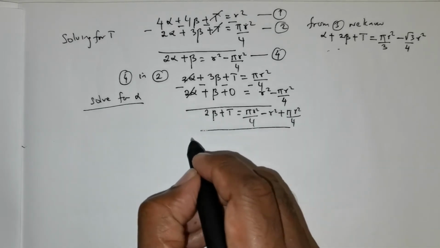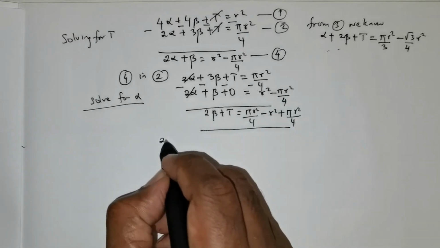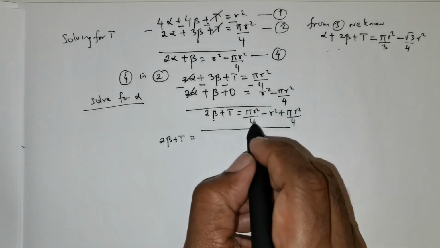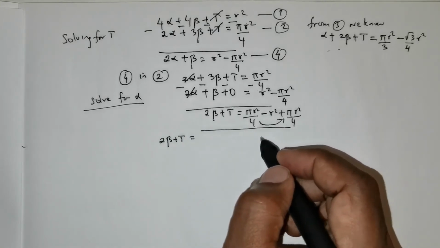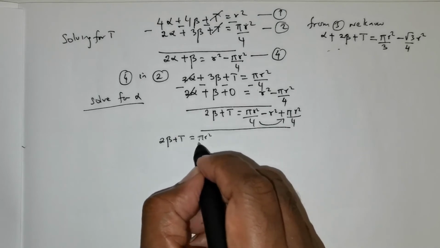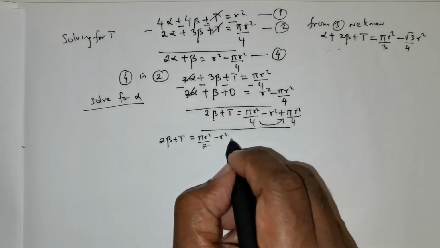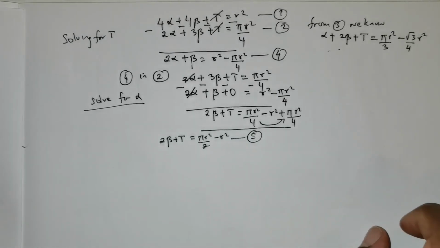So this could be simplified and rewritten as 2 beta plus t. Pi r squared over 4 can be added with pi r squared over 4. That would give us pi r squared over 2 minus r squared. Now let me name this as 5.